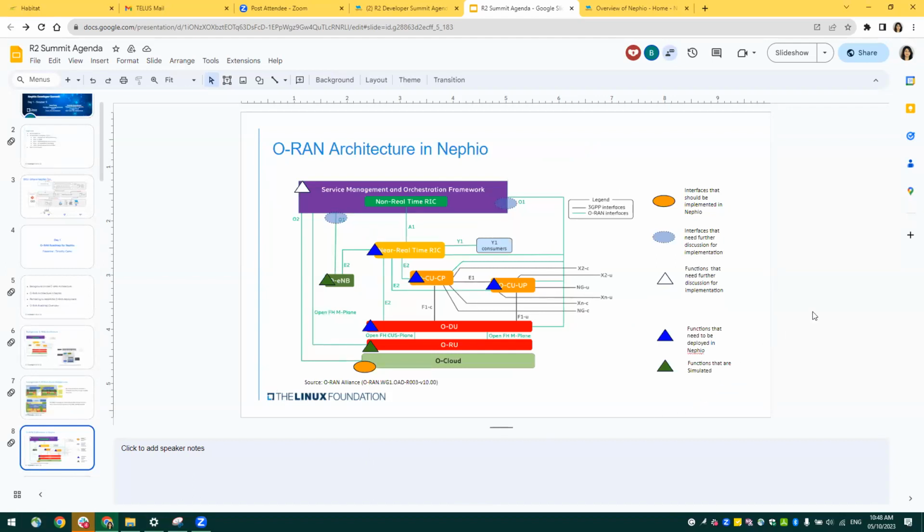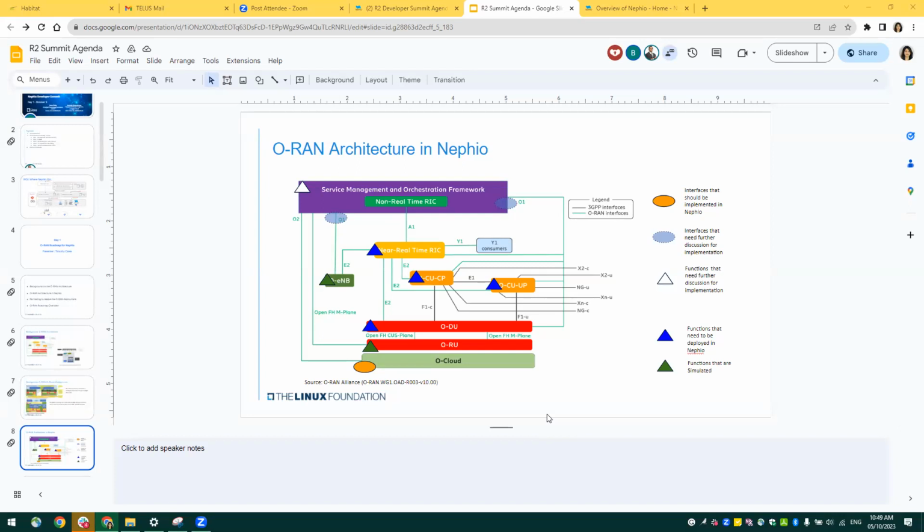This is where you see in the SMO there is that blue box interface that needs further discussion for implementation. We believe that O2 interface should be implemented in Nephio. Now, how and what? It's TBD. That's a little bit of an initial mapping that we came up with. I won't discuss the mapping now, but that's for everybody to review if you want to.